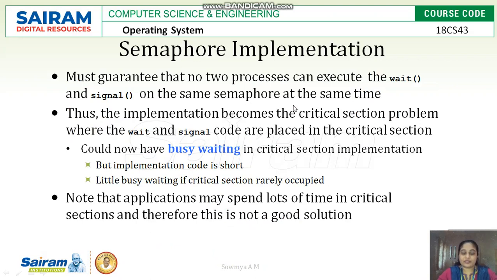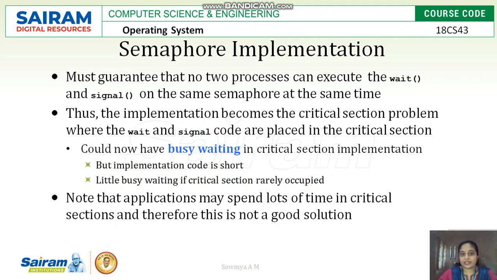Next is semaphore implementation. As I told, we must guarantee that no two processes can execute wait and signal on the same semaphore at the same time. You can make use of multiple semaphores and multiple functions to execute wait and signal, but if I am using only s as a semaphore, then there should be only one process using wait and signal at a time.